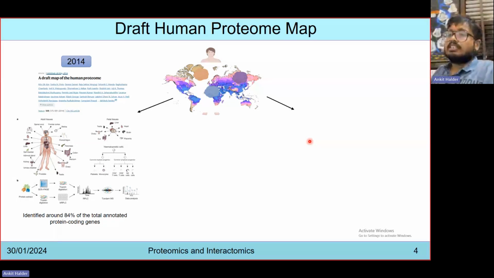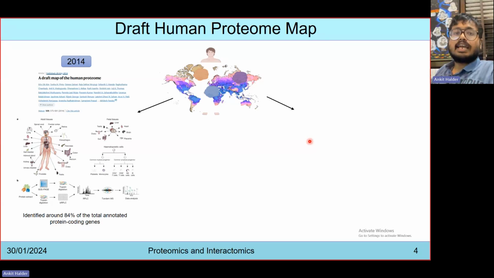Another thing is that the proteins are not expressed in all the individuals that were taken for the particular study at that time. Since the proteome varies and is also very dynamic in nature, sometimes not all the proteins are expressed at a particular time in a human being, so those proteins could not be identified.